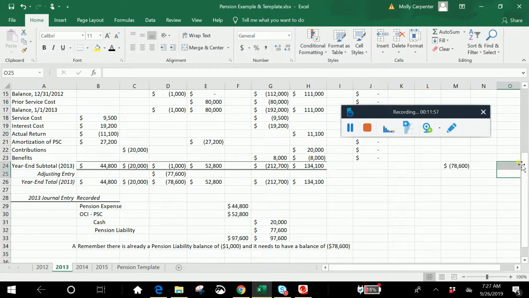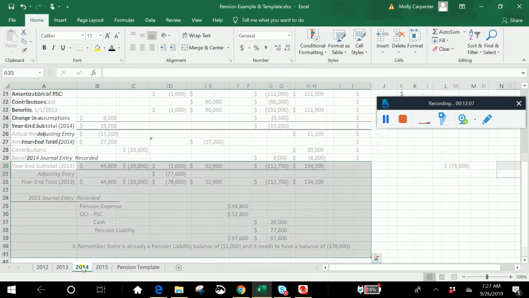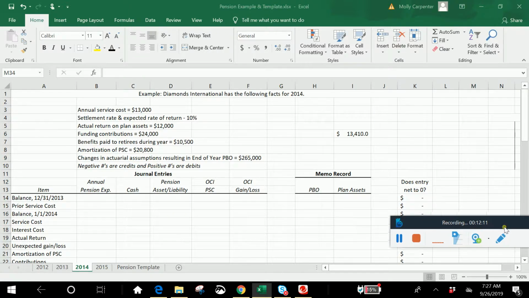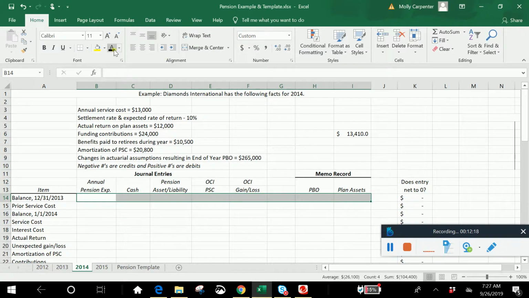Now again we're going to move on to the next year, and in doing so we are going to carry forward our appropriate year-end balances. So if we move on to 2014 now, bring forward our balances here.